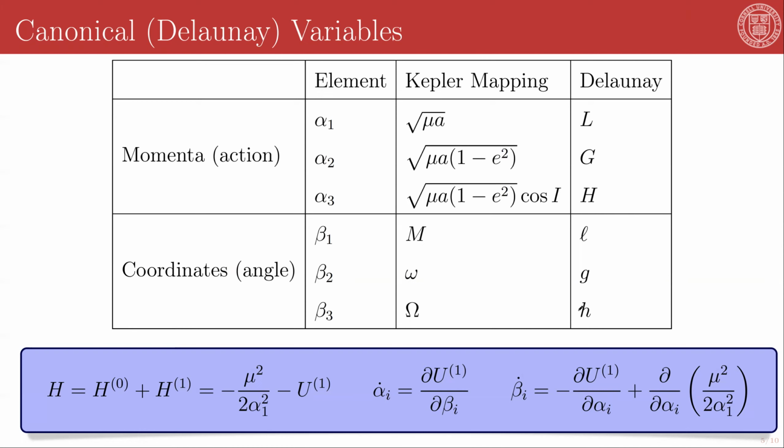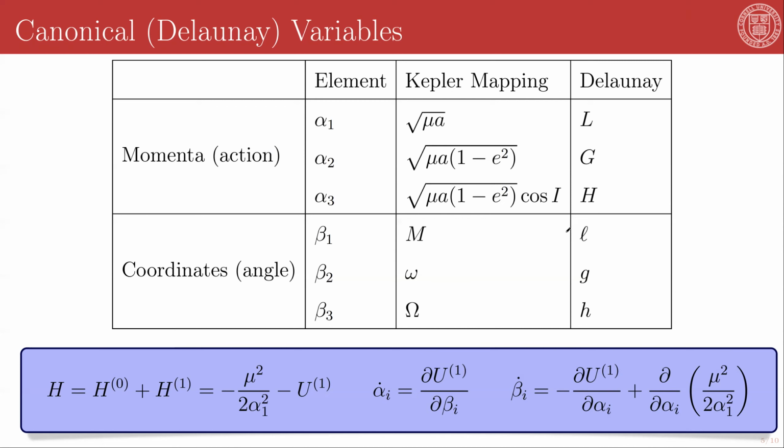And you may still find this nomenclature in some texts, but typically this is avoided because L and H and G are used in lots and lots of other contexts and have already been defined by us as things like the semiparameter and the specific angular momentum and gravity. And so we will typically use either this set or their Keplerian mappings.